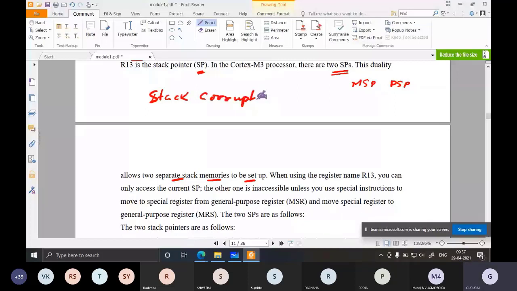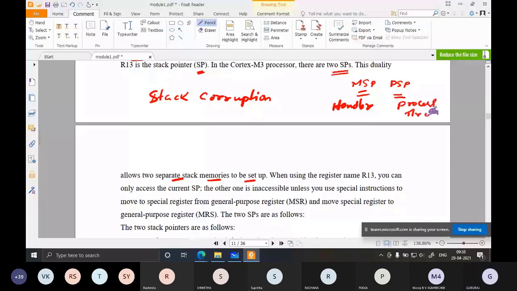Usually in Cortex-M3 there will be two stack memories, and to point to those two stack memories there will be two stack pointers, MSP and PSP. Usually the MSP, the main stack, will be used by the handler mode, or the handler. The process stack will be used by the thread or the process.